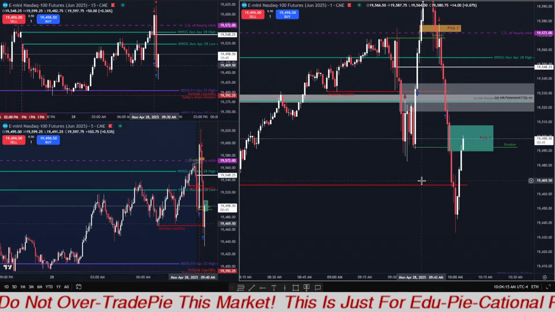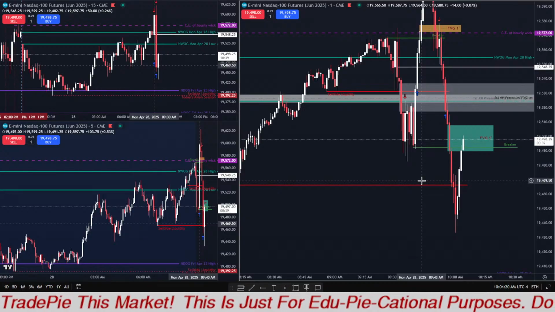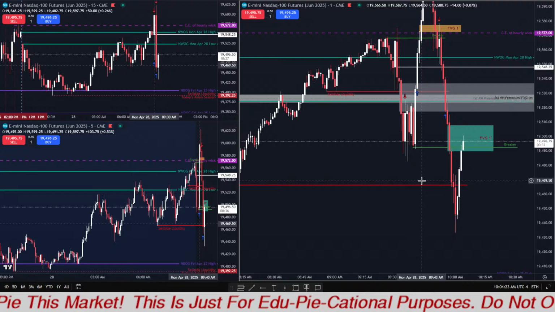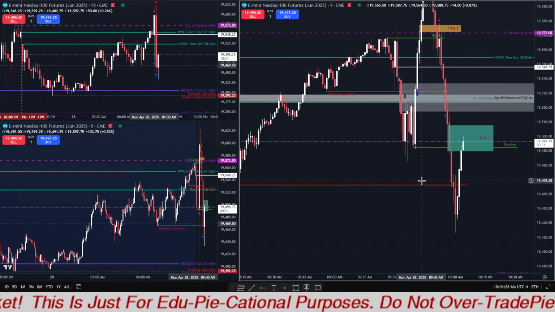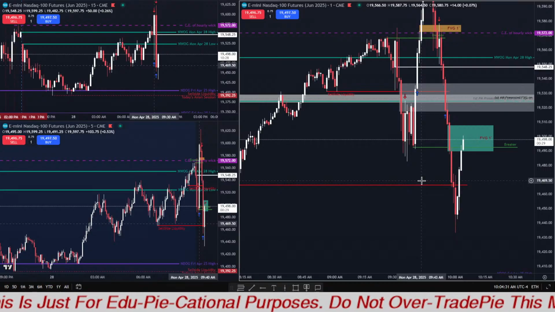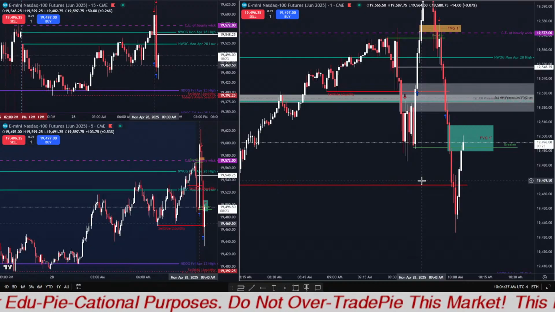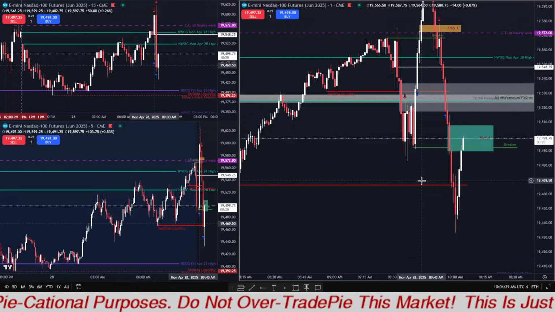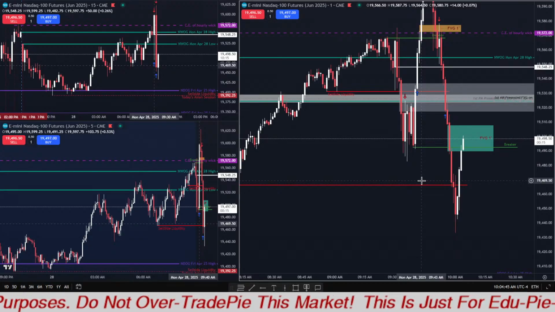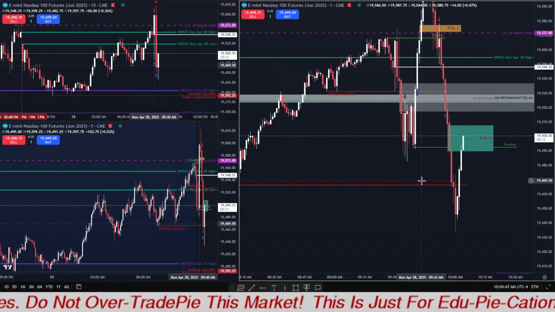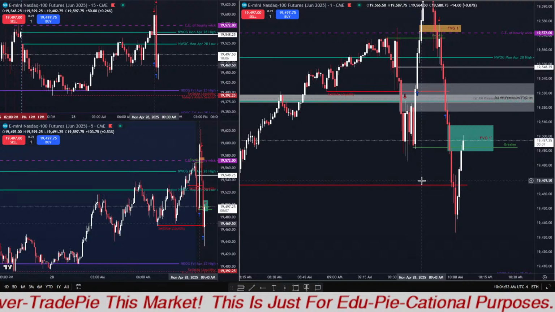So we traded into the midpoint of the fair value gap, and yeah, so far on ES we are a little behind touching the order breaker block. So let's see. We have 13 seconds left to close this candle.